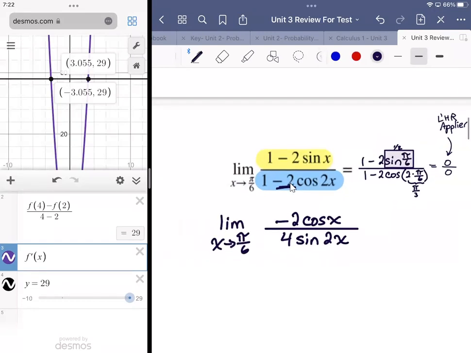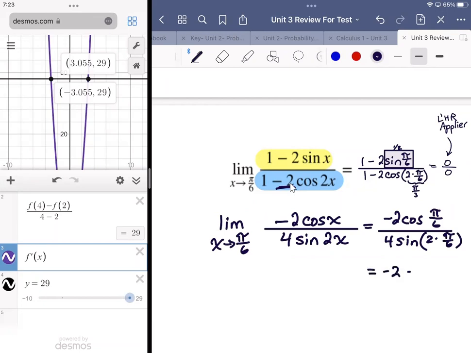All right. So then I'm going to reapply my limit, see what happens. -2 cosine pi over 6, 4 sine, really it's 2 pi over 6. All right, so that's -2 times cosine pi over 6 is rad 3 over 2.